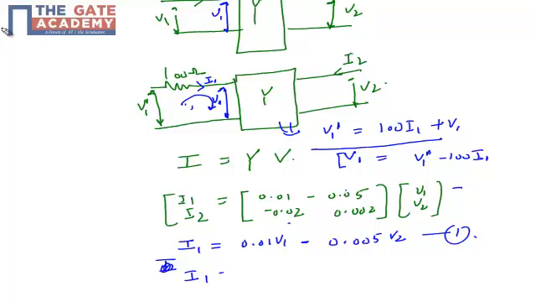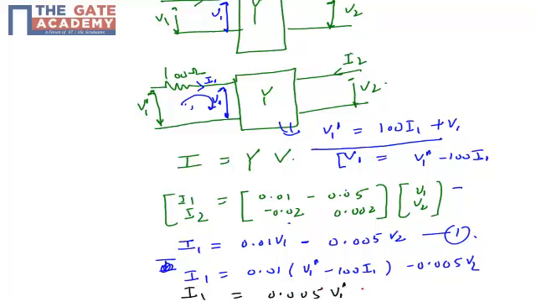My equation will be I1 equal to 0.01 times V1 dash minus 100 I1, minus 0.005 V2. Now if I rewrite this expression, I1 is equal to 0.005 V1 dash minus 0.0025 V2.